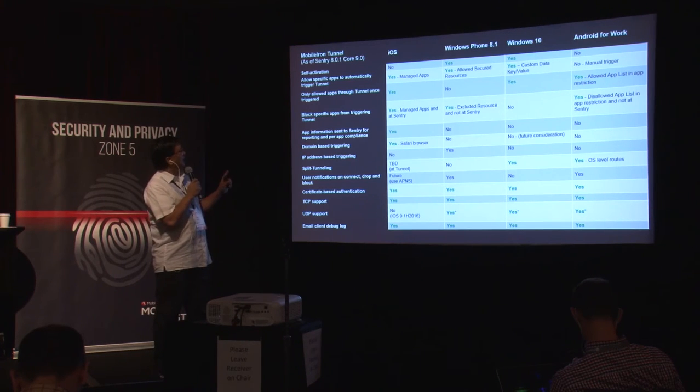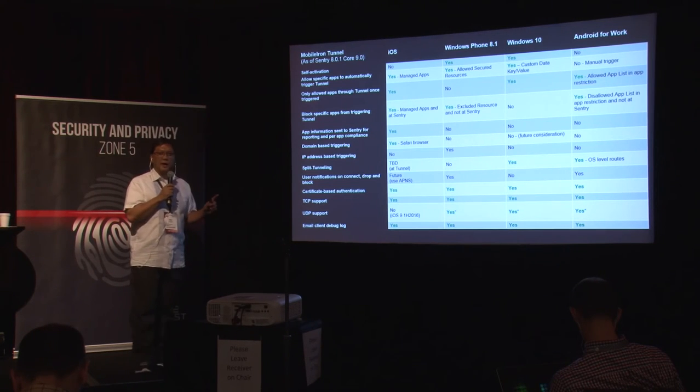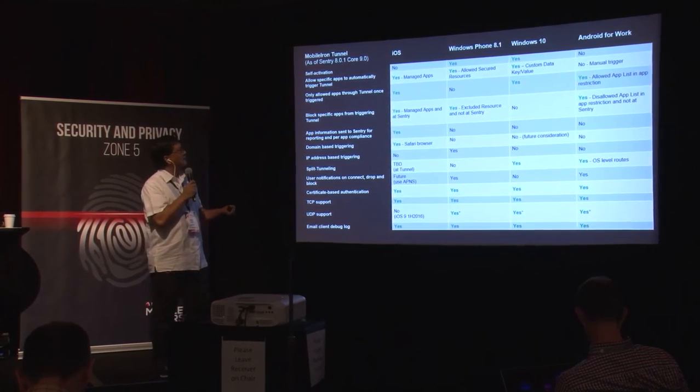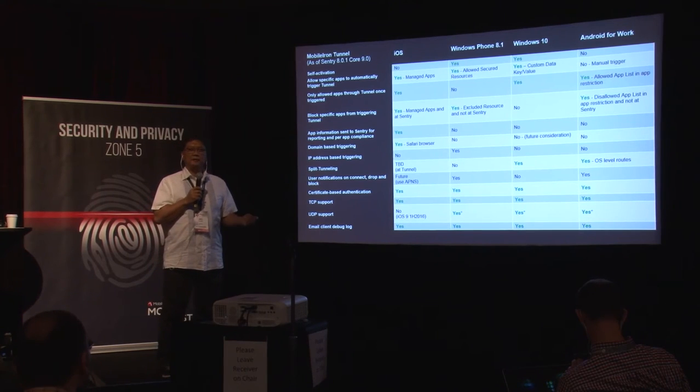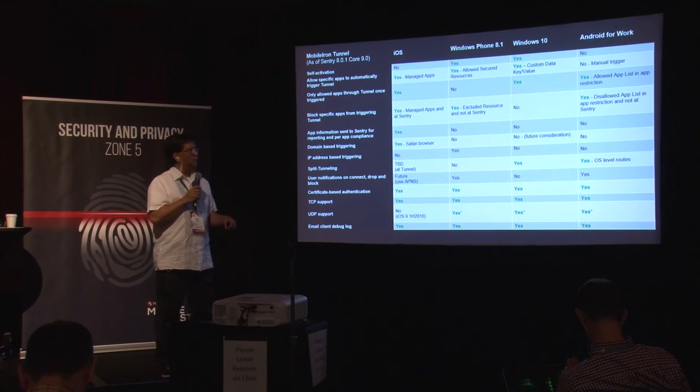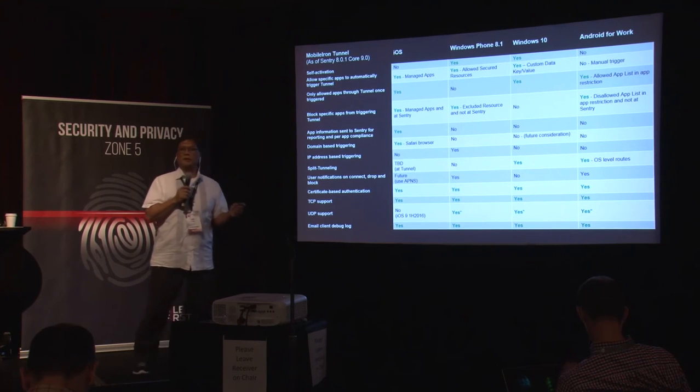The key takeaways here are, first off, self-activation. In iOS, you have to activate Tunnel as soon as you download it onto the mobile device. Windows Phone and Windows 10 are self-activating as soon as you download it onto the mobile device. Android for Work is a manual activation.